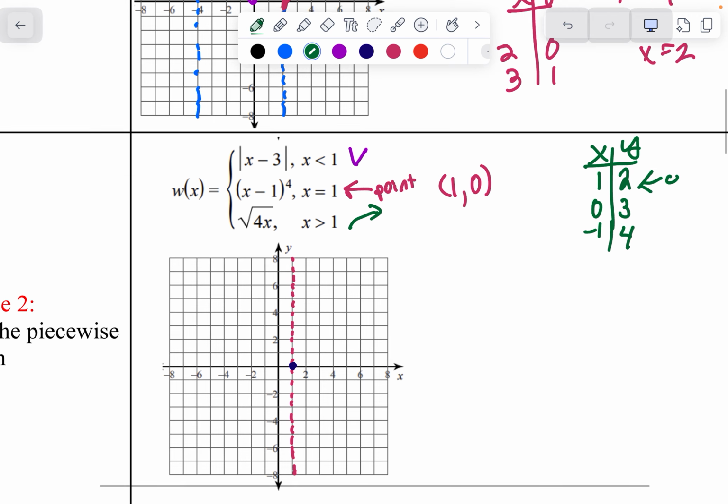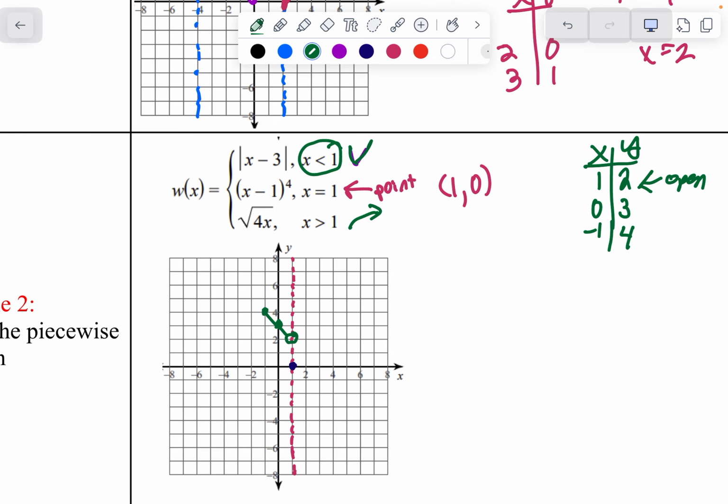This has to be an open circle because this does not include the equal to. So it's not allowed to equal 1. So at 1, we have an open circle at 2. At 0, that's just a nice point. At -1, that's just a nice point.